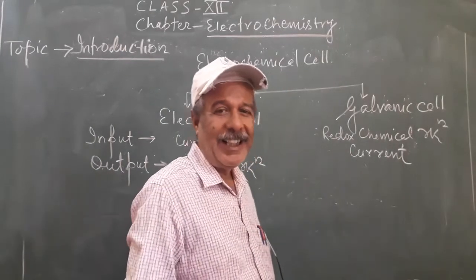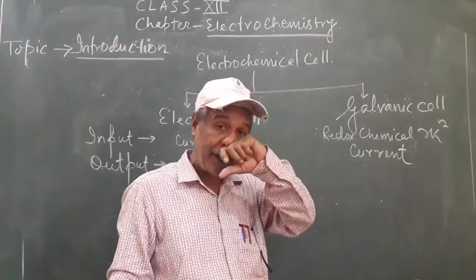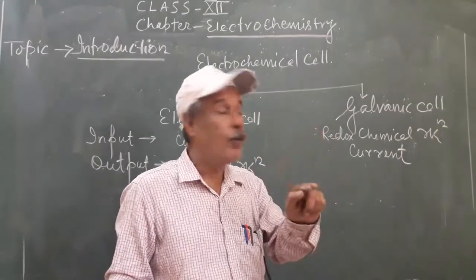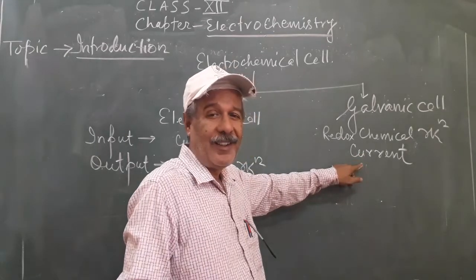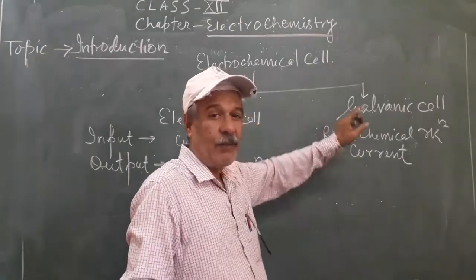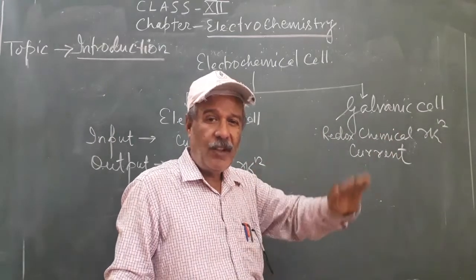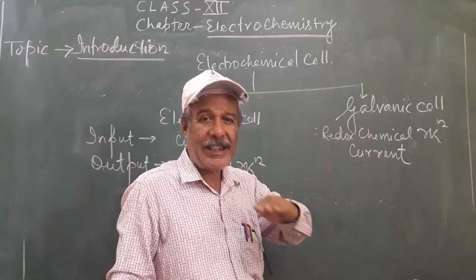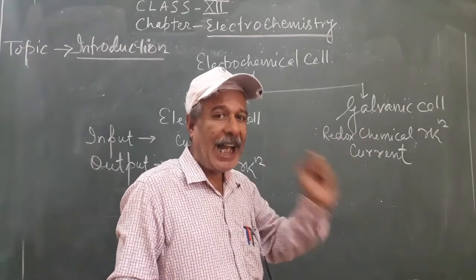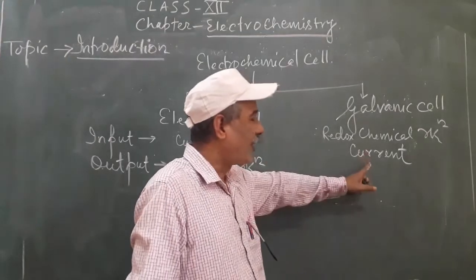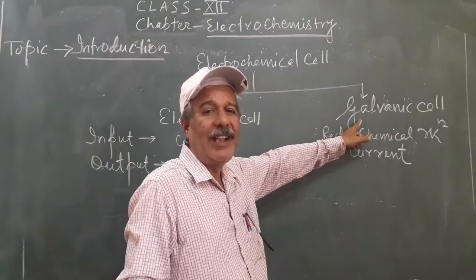Redox chemical reaction. Correct? All type of chemical reaction are not capable to give current in a galvanic cell, but only those chemical reactions where there is flow of circulation of movement of electrons can only give current, and that device is known as galvanic cell.